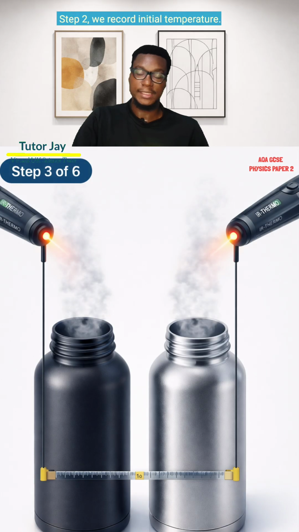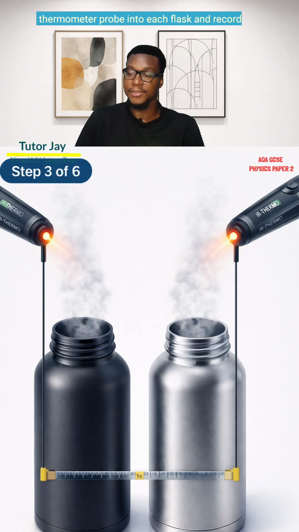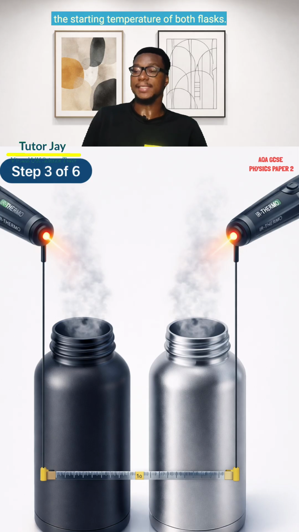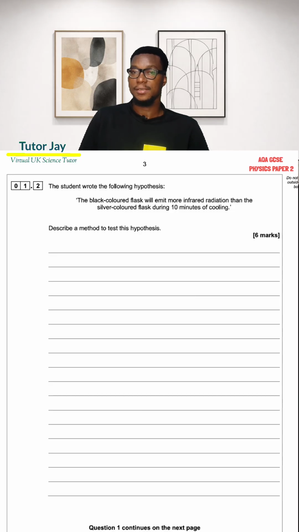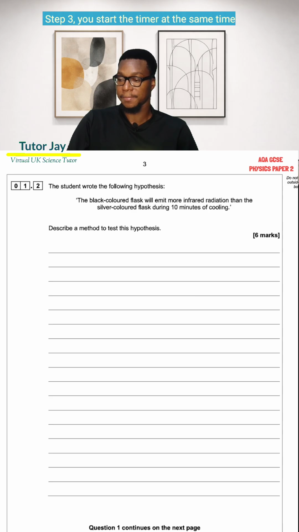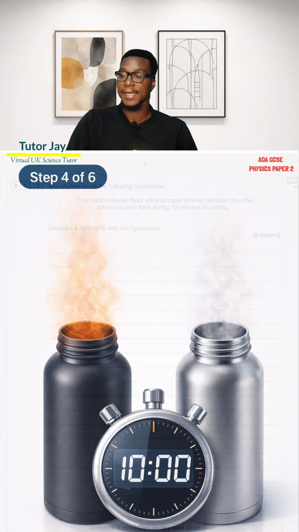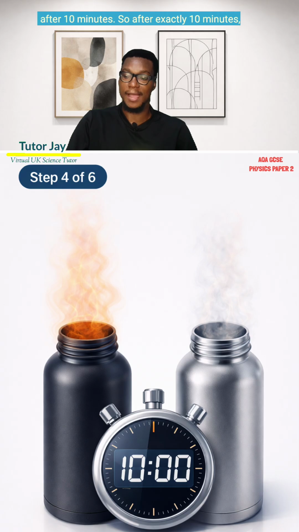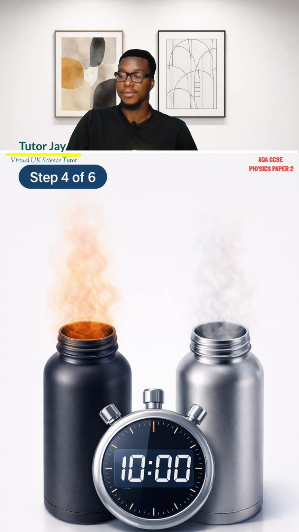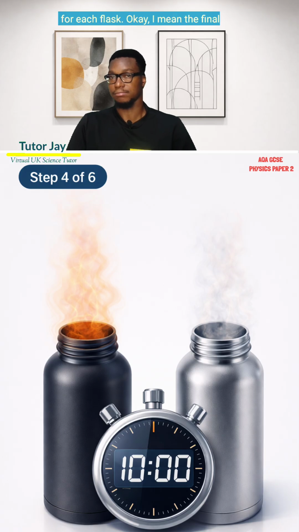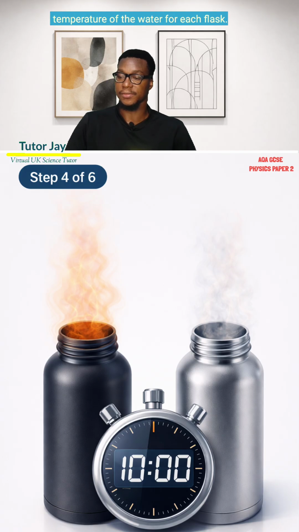Step 2, we record the initial temperature. So we insert a thermometer, or it could be a thermometer probe, into each flask and record the starting temperature of both flasks. Step 3, you start the timer at the same time for both flasks. Step 4, you record after 10 minutes. So after exactly 10 minutes, you record your final temperature of the water for each flask.